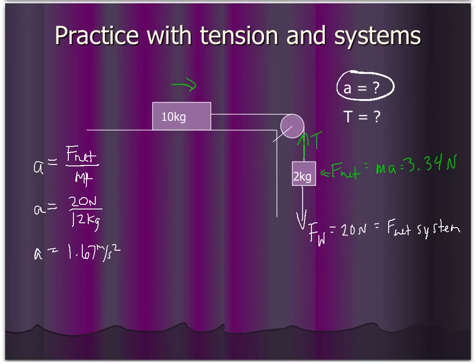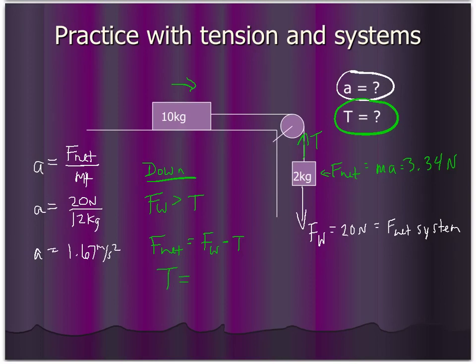And since the 2 kilogram box is going to be moving downward, that tells me that that FW has to be bigger than the tension. So I can write another equation for the F net on that box that says that FW minus tension is equal to the F net. I can solve for tension then, like I'm asked to do, by rearranging this equation.